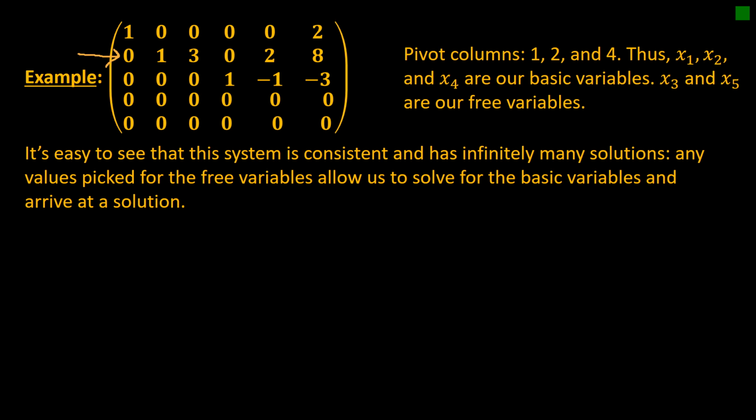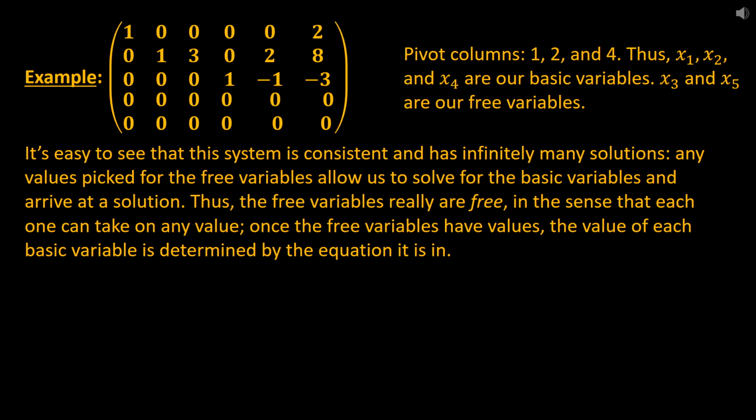If I pick a value for the free variable x3 and the free variable x5, I can then solve for the basic variable x2, correct? So it doesn't matter what I pick for x3 and x5. I'm going to be able to solve for x2 because that's just an equation, right? Row 2 is representative of an equation. And if I plug numbers in for all but one of them, I can solve for that one I didn't plug in, right? And that's what we're going to do here in a second.